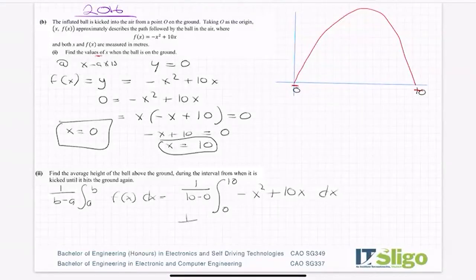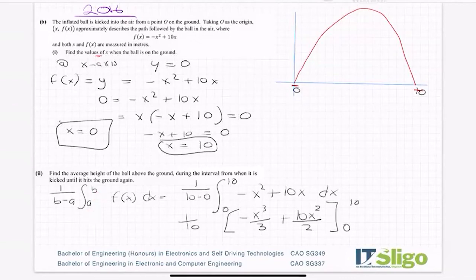Okay, so I'm getting a 10th, and then to integrate that, you add on a power and you divide by your new power. Okay, and it's between 0 and 10, these two values here.